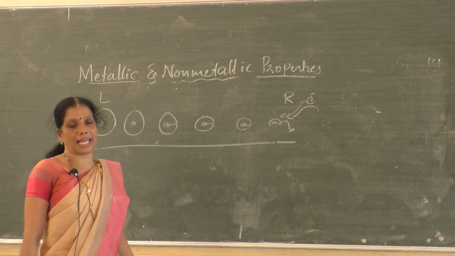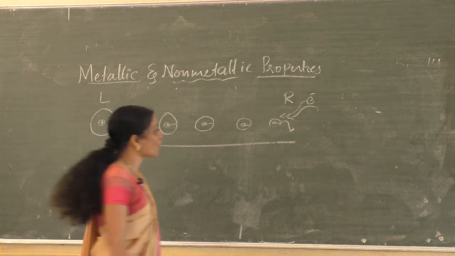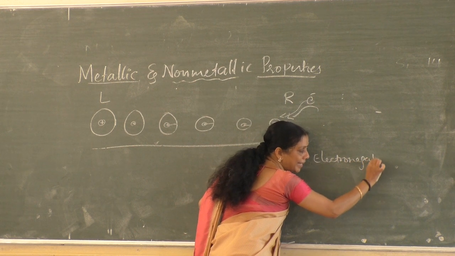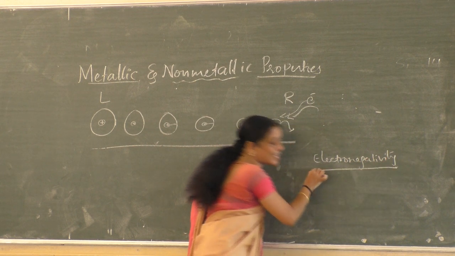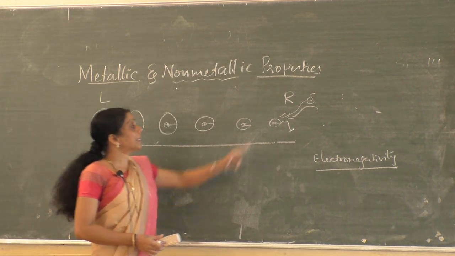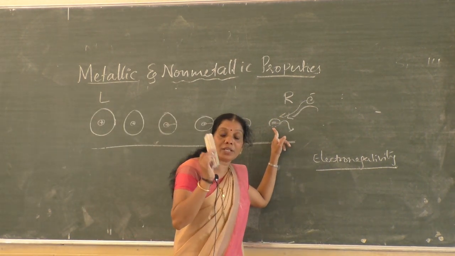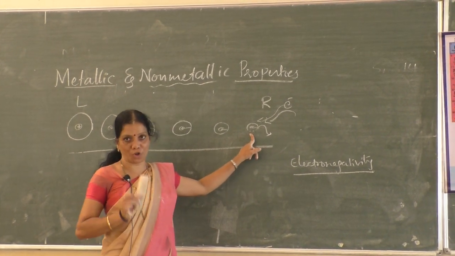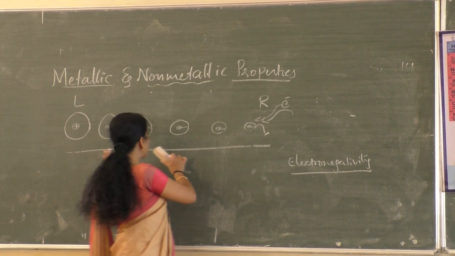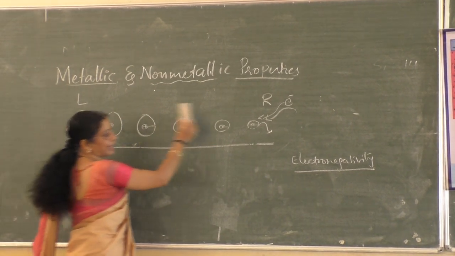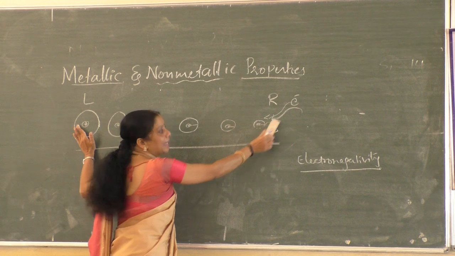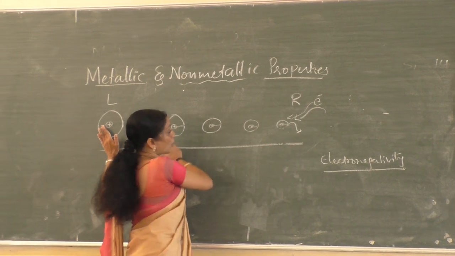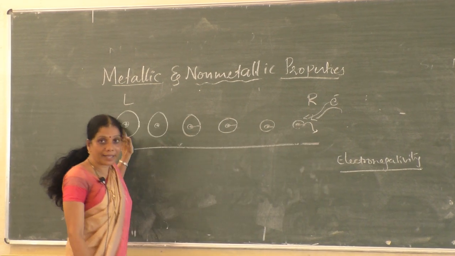Electronegativity. The tendency to gain the electron is called electronegativity. A greater tendency to gain the electron means greater electronegativity. Hence, as we move from left to the right direction, electronegativity increases because of the decrease in atomic radii.